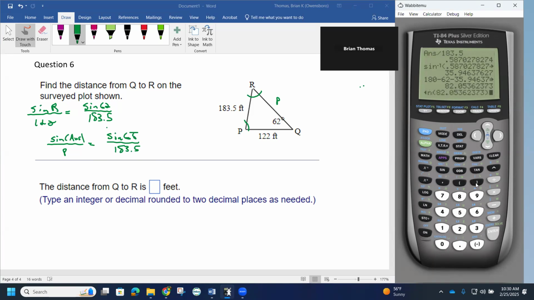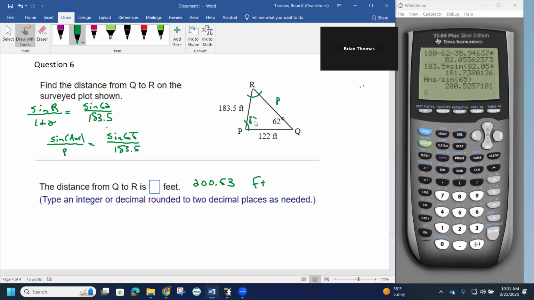So I'm going to copy and paste it in there. Get that answer. And then if we divide that by the sine of 65, that should give us our answer of 200.53. So side P is going to end up being 200.53 feet.